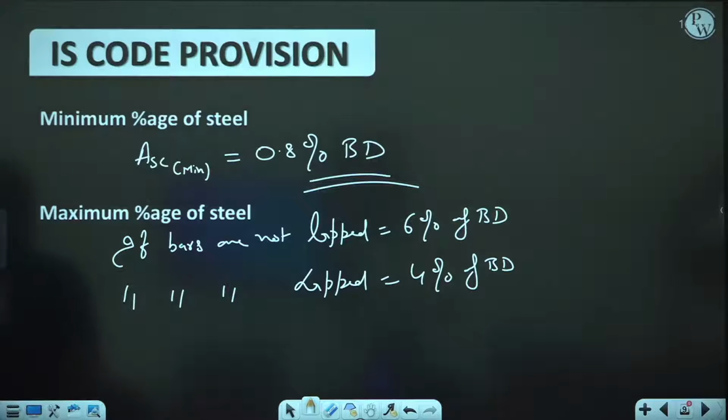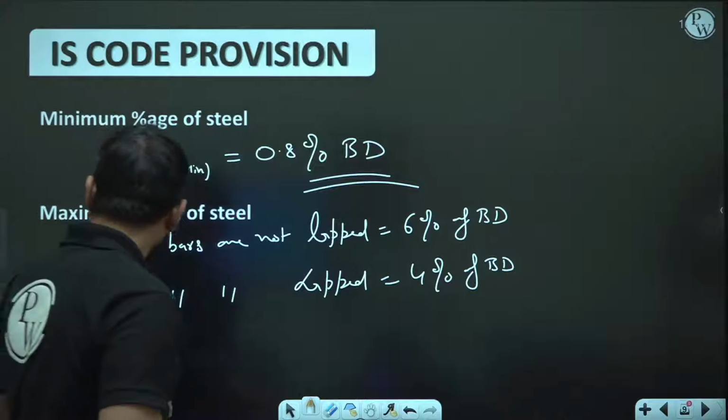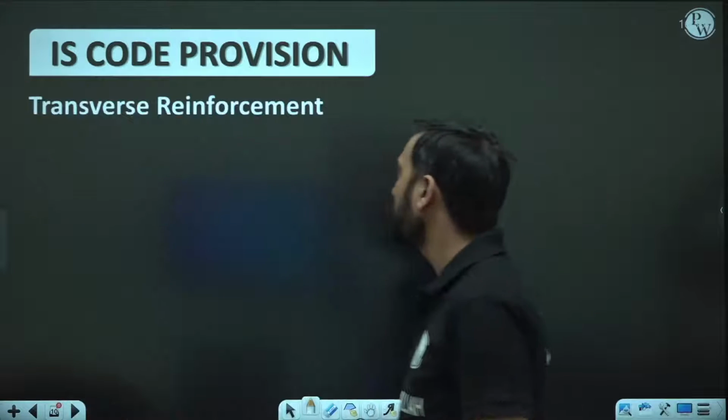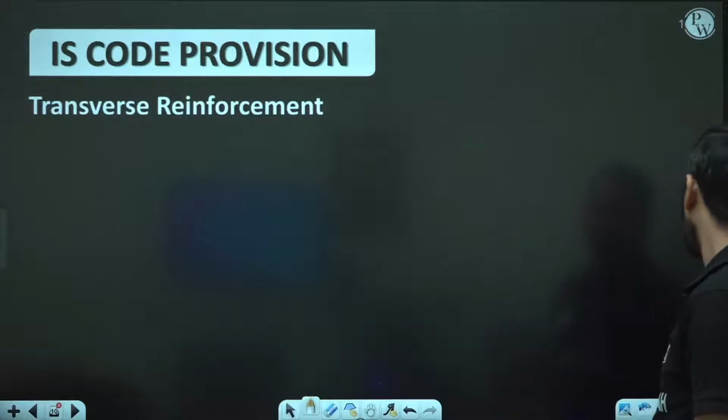After that, we have to see the minimum number of bars required before proceeding to transverse reinforcement.